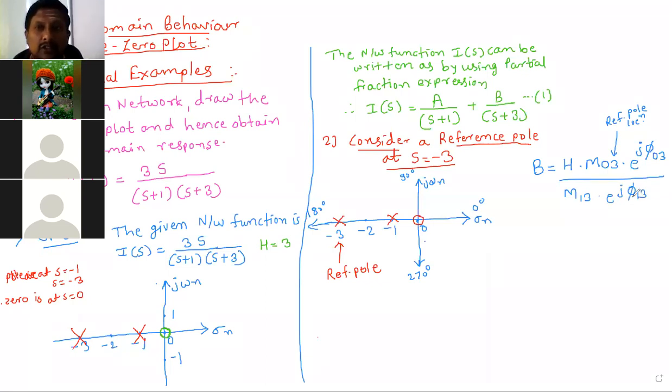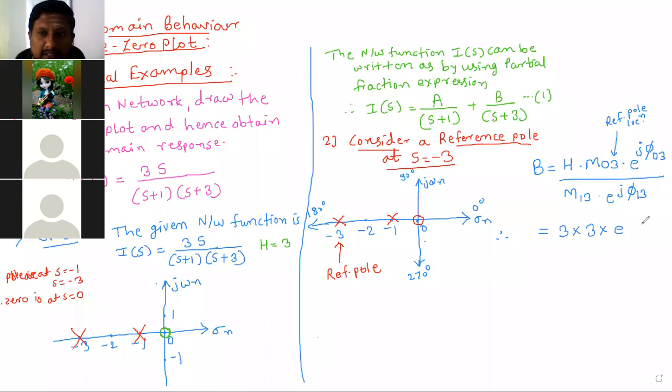Okay, so once you are writing the formula, you can put the values now. So B is equal to H is what? 3. Next, M 0 to 3. What is the distance? 3. 3. Very good. 3. Next angle 0 to 3. 0 to 3 is 180 degree.